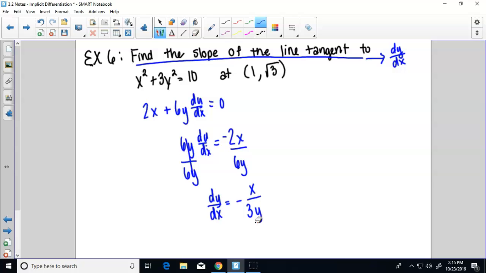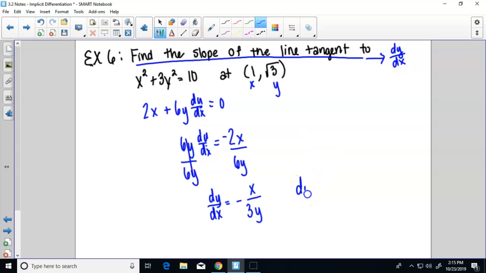And so if I want the derivative at 1, square root of 3, then I'm just going to plug in 1 for my x and square root of 3 for my y. And whenever we do this, here's a little bit of notation for you. We don't have f of x notation, because typically if we're plugging in 7, we'll do f of 7. But we don't have f of x notation that we can use here.